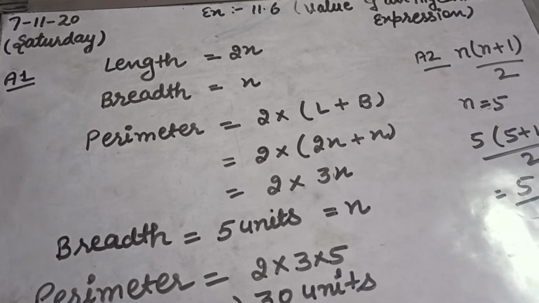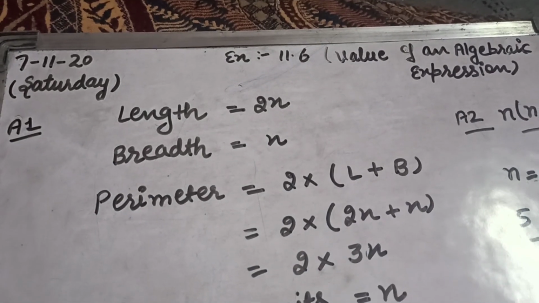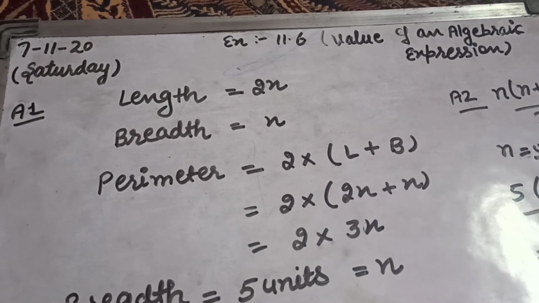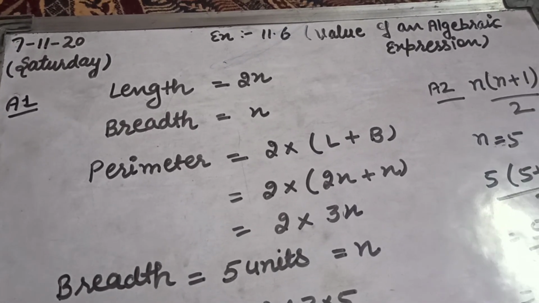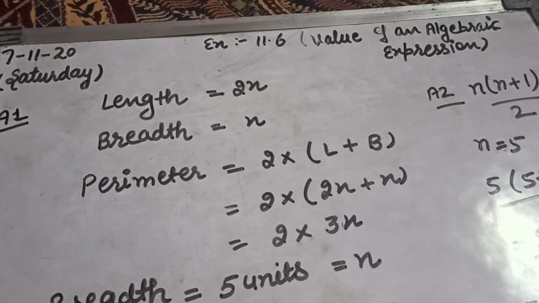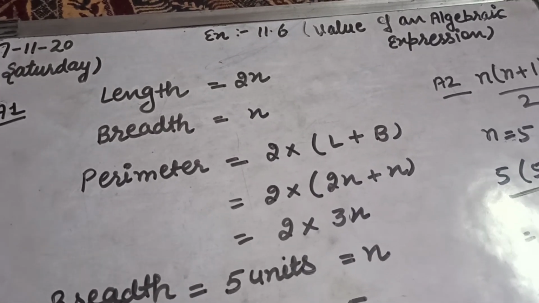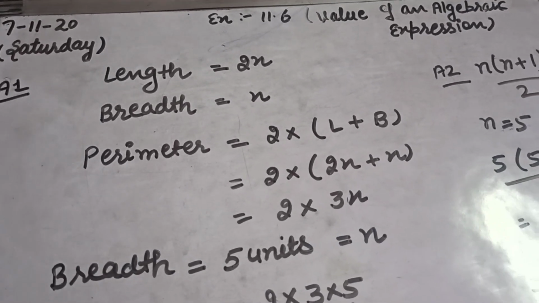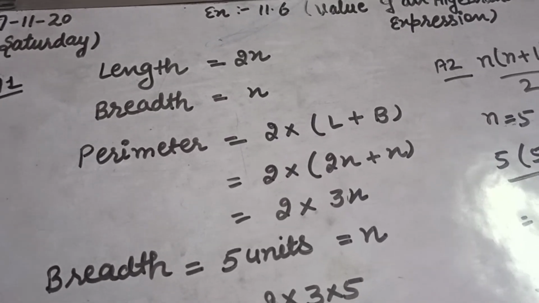The same question is there, and the values of pen and pencil are also given. So you will watch the previous video and do the question number A3 also yourself. Clear to all? So this is about the exercise 11.6.